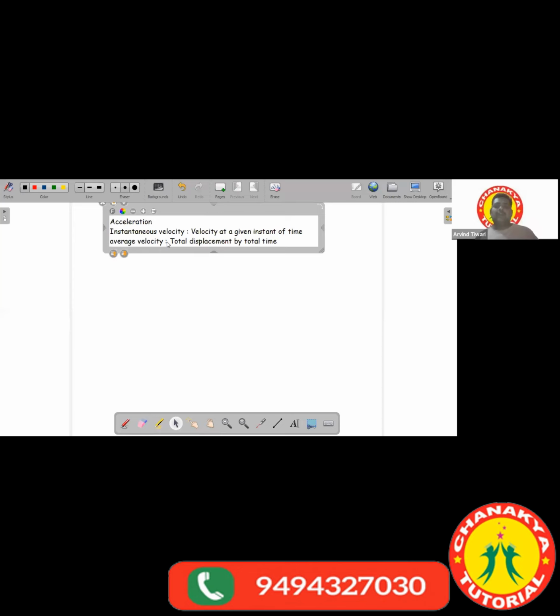Suppose your vehicle is moving and I want to find out the speed at 9, 10 and 15 seconds. So it was at this instant I want to determine its time. I will take a moment of around 1 second or maybe half a second.